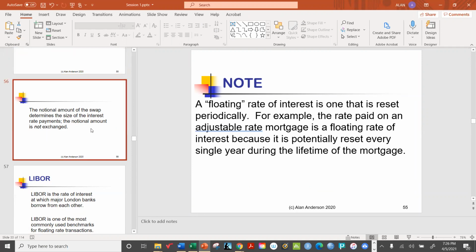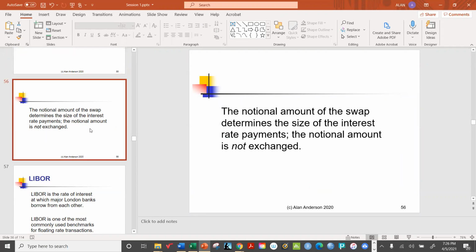Now, the notional amount of the swap on which these exchanges take place is not actually traded between the counterparties. It's only the interest payments. And even then, it's only the difference between the interest payments that's actually traded between the two counterparties.